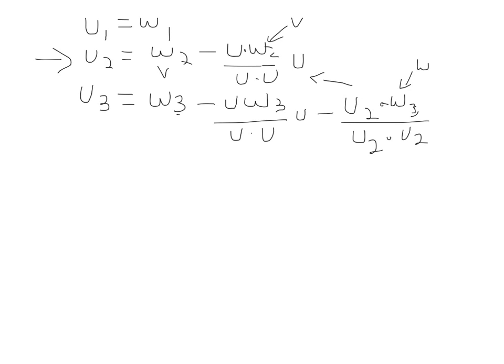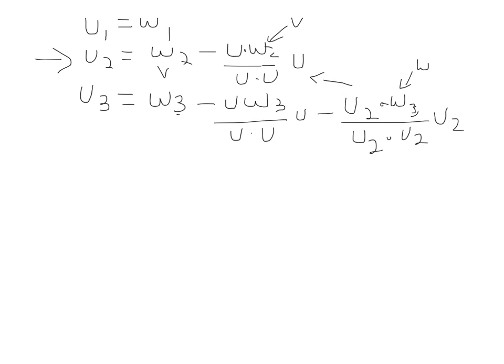Okay, so that's different than what we did, and then you're going to multiply that by that answer as well. So that's how you set up your basis. It's an orthogonal basis, u1, u2, u3, and that's how you get the three vectors that go in it.